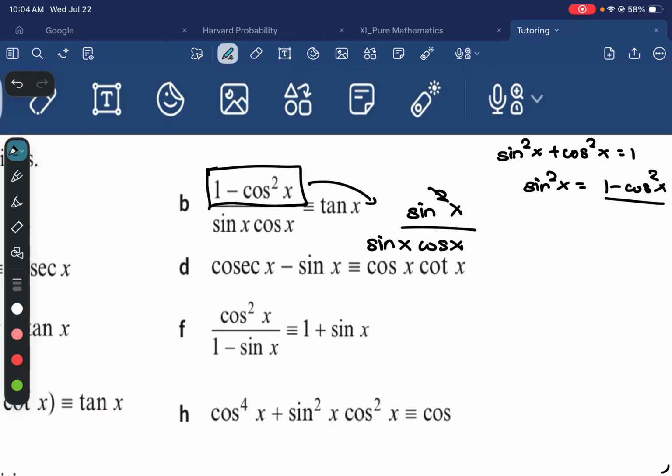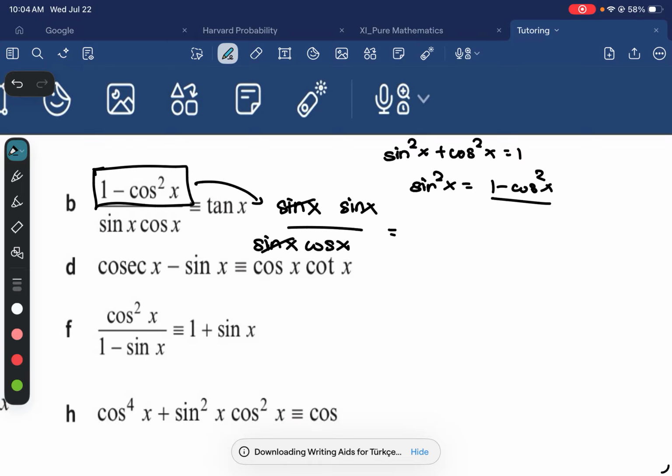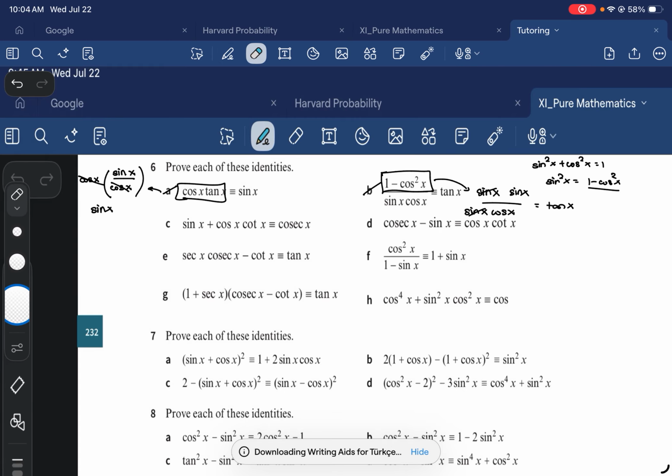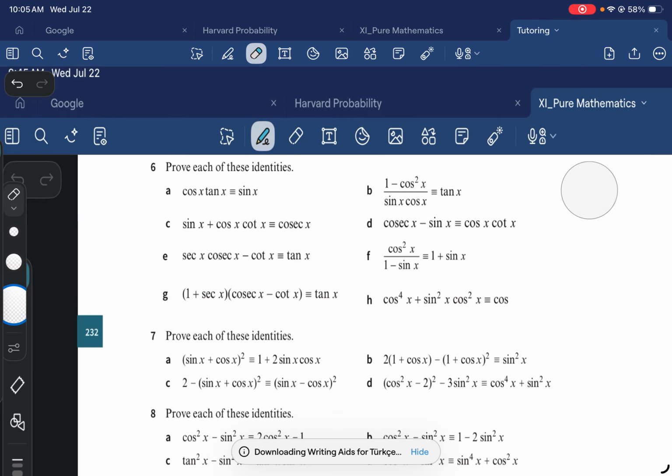So sine squared x is just sin x times sin x, right? So one of these cancel out. And then I have sin x over cos x, which is tan x, which is exactly the right-hand side. So we are done. All right, so let me erase this as we go. I hope this was clear, because I need more space.